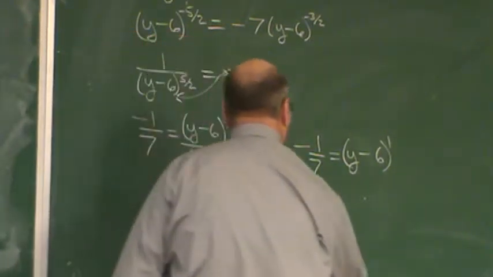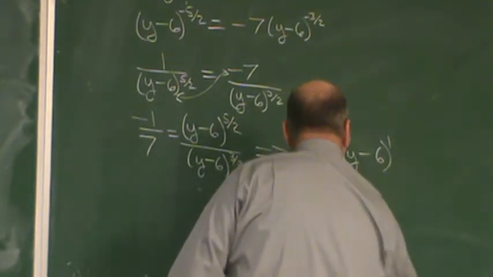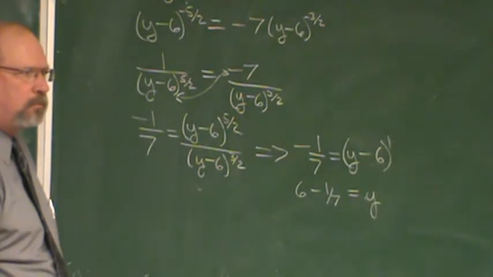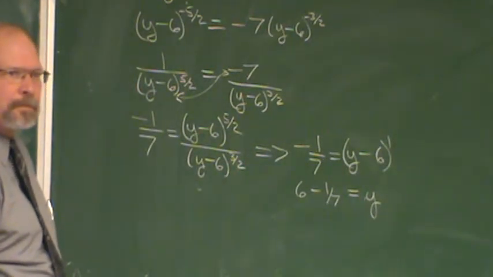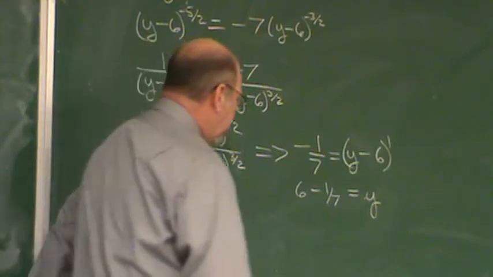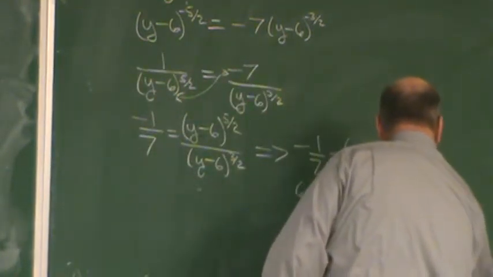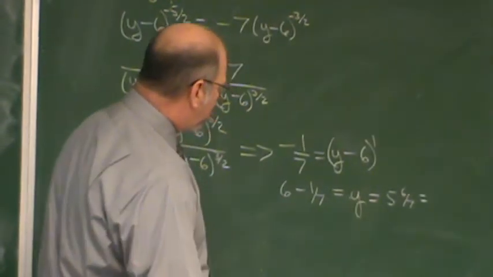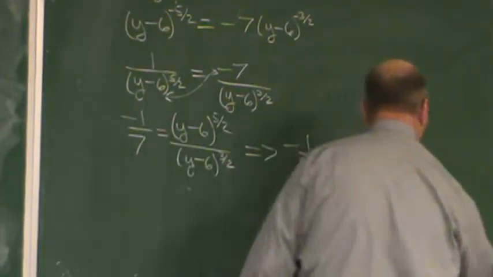So now we can say, well, 6 minus 1/7 is equal to y. And what's 6 minus 1/7? Well, it's 5 and 6/7, right? Which is 35, 35 and 6 is 41.